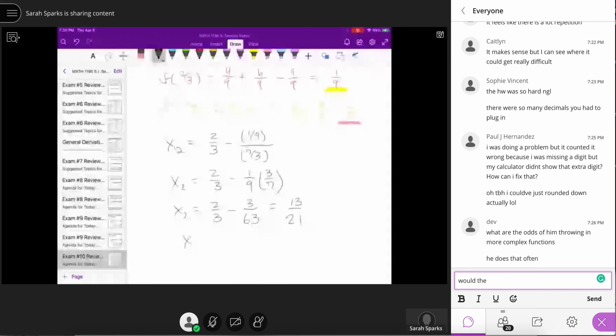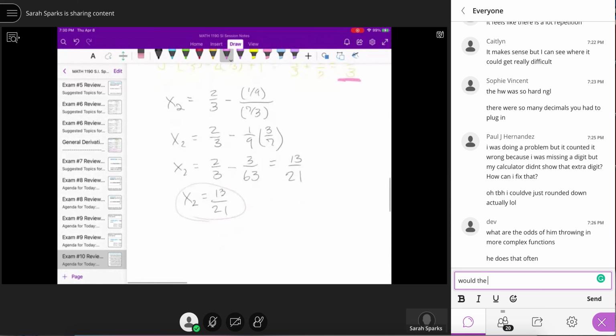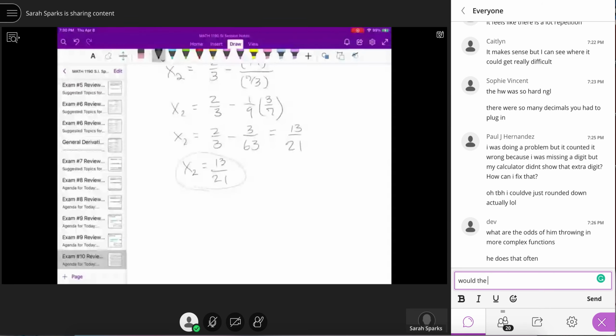So our x2 would equal 13/21. So in conclusion, because they're asking us to find our two different values for x2, x2 is going to equal -5/3, and x2 is going to equal 13/21.